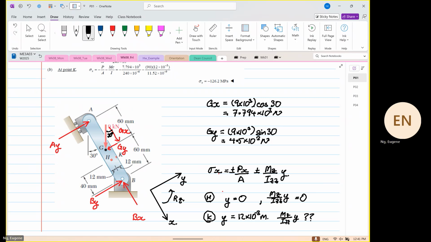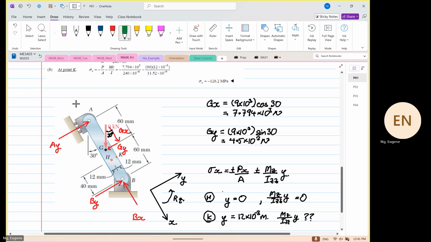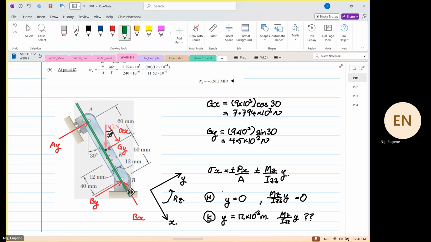I'm going to draw our famous line, which is our centroid over here. That's our centroid. Remember, I told you all to draw.